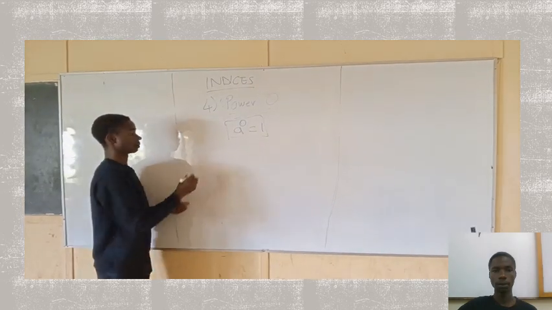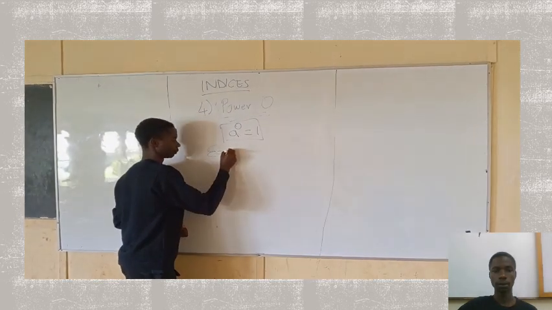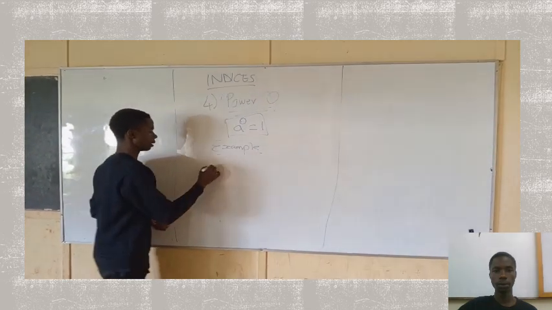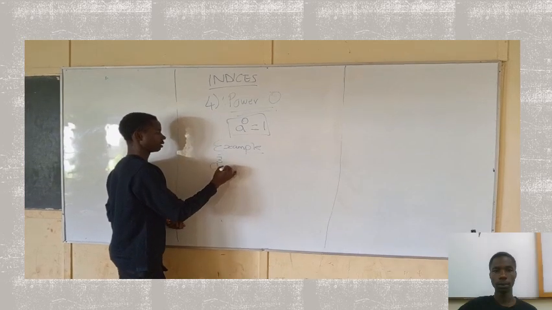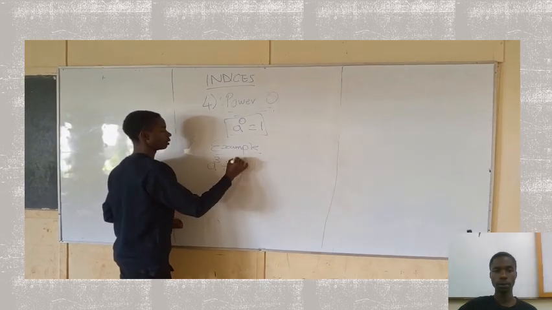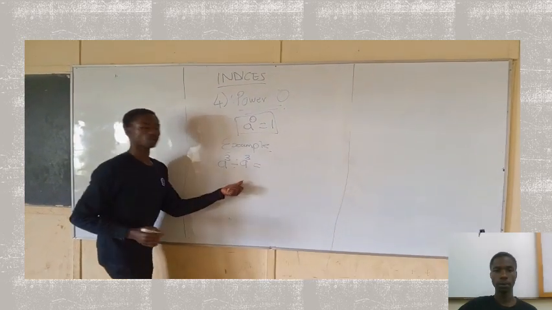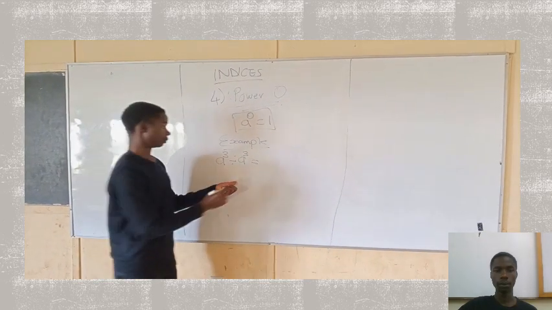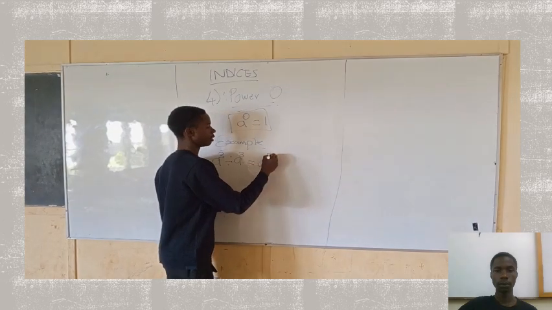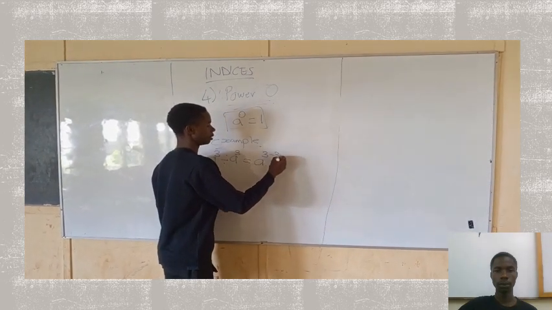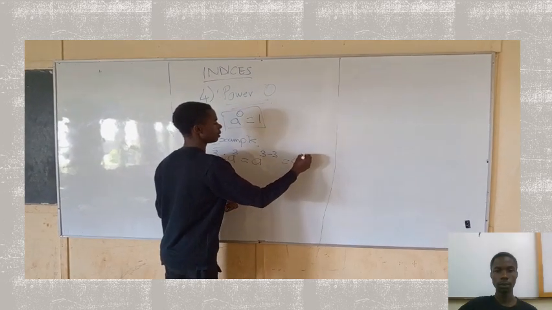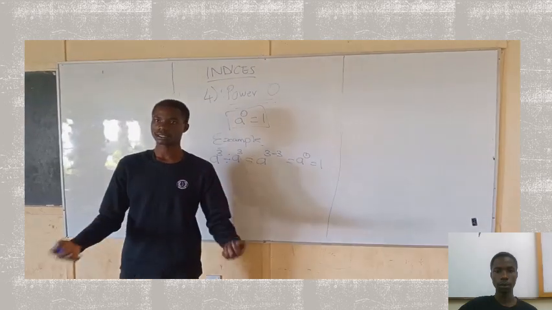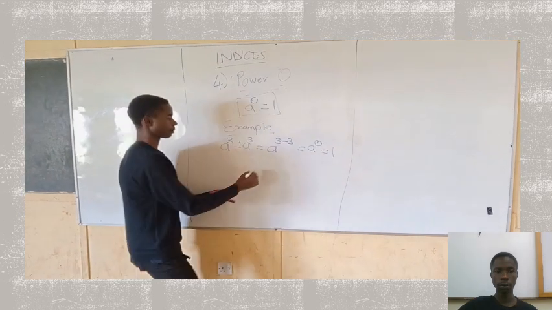We can say, for example, a power 3 divided by a power 3. What does this show? Using the division law, it is a power 3 minus 3, which is equal to a power 0, 1.